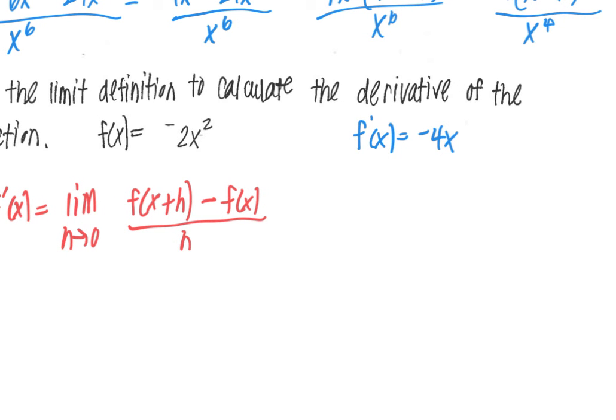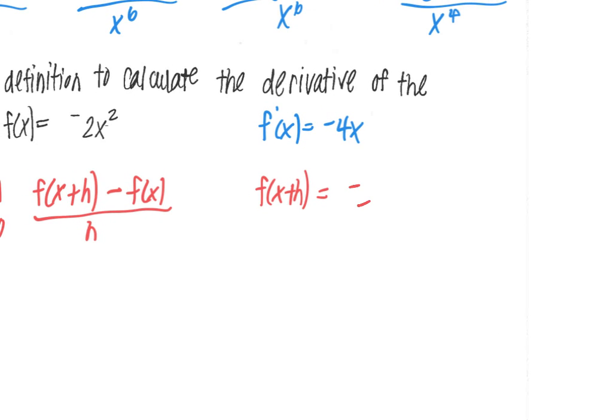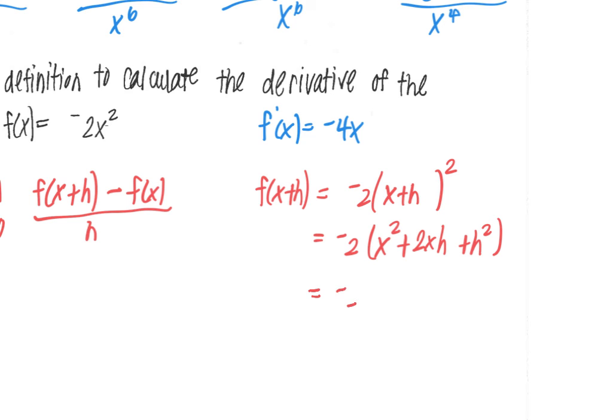Before I evaluate the limit, I am going to find out what f of x plus h is. And so if we're dealing with a negative 2x squared, then that's negative 2 times x plus h squared. We know x plus h squared is x plus h times x plus h, but once you fold that out, you get x squared plus 2xh plus h squared, which is negative 2x squared minus 4xh minus 2h squared.